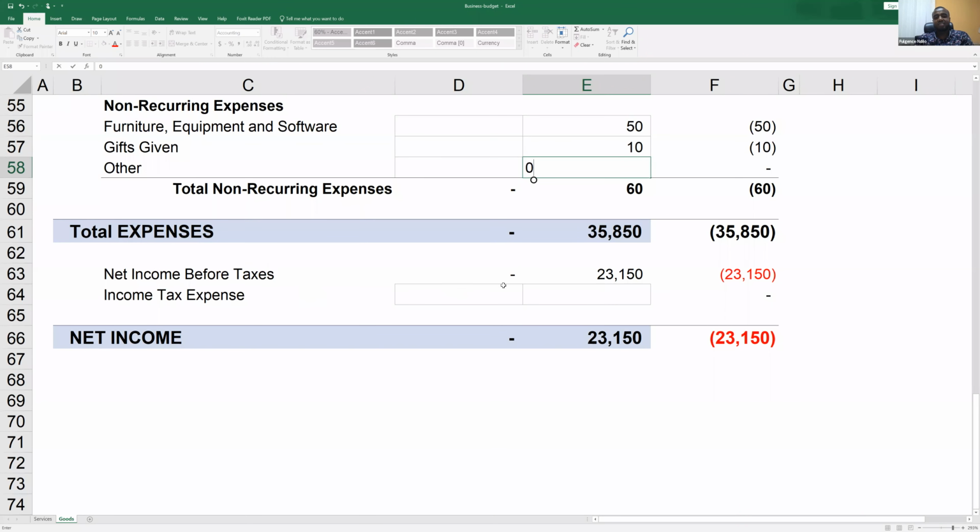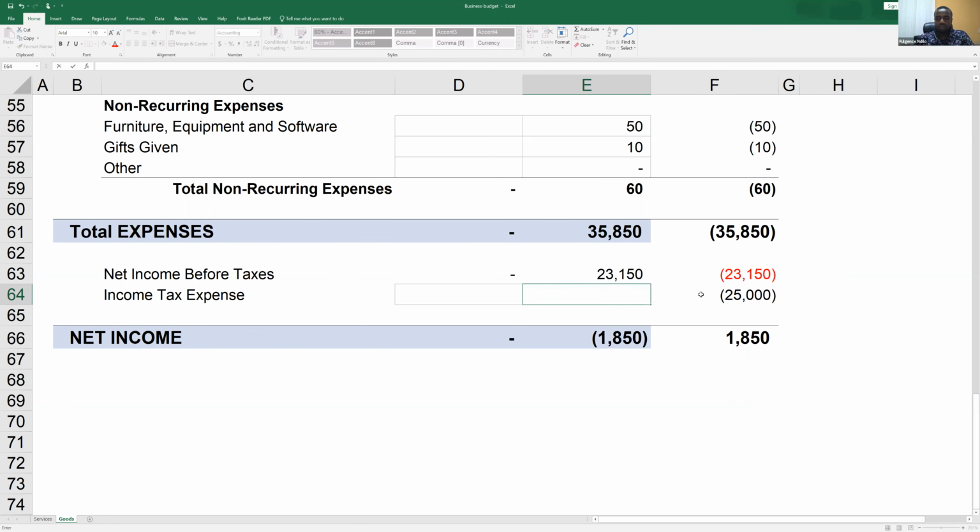Income tax expense, you need to pay something to your government. So let's assume you are paying 12,000 to your government. And now here you have your net income.